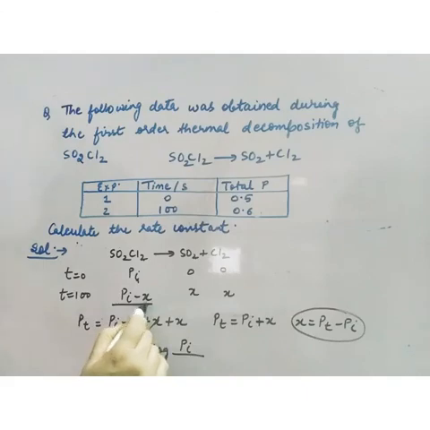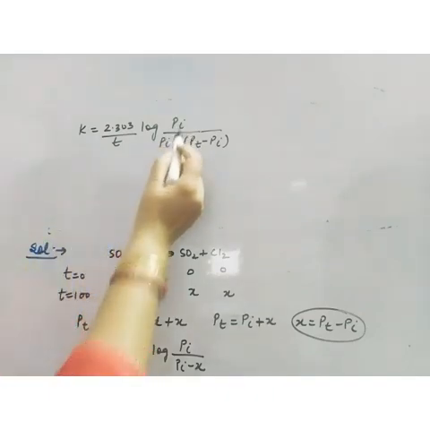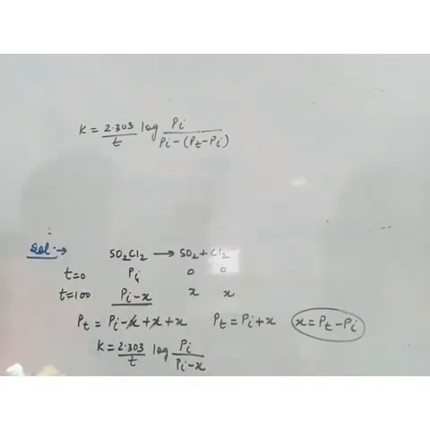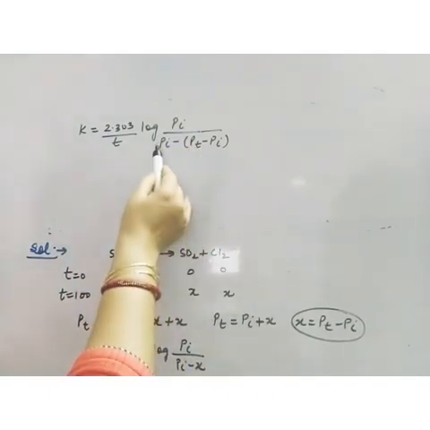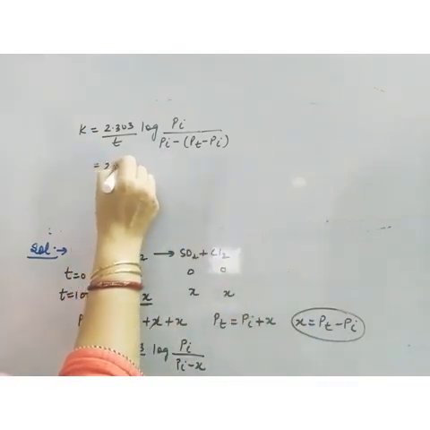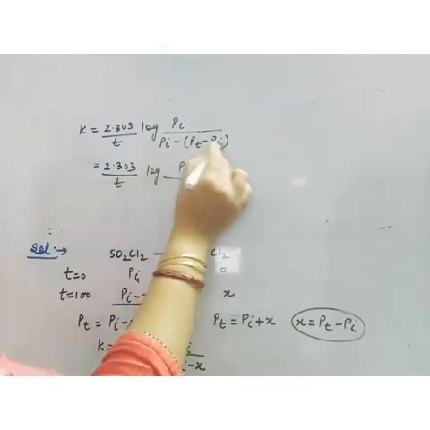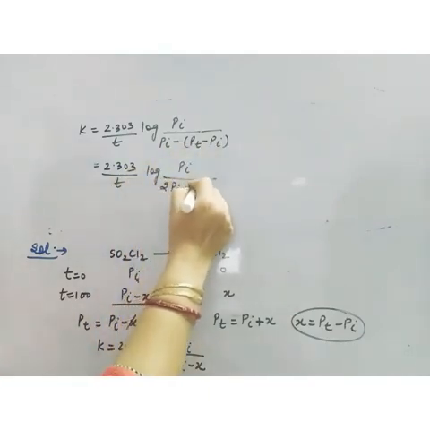So what is the final pressure? It is Pi minus X, and X we will put from here. Now what is X? It is Pt minus Pi. Now this is minus and this is plus, so it will be 2Pi minus Pt.